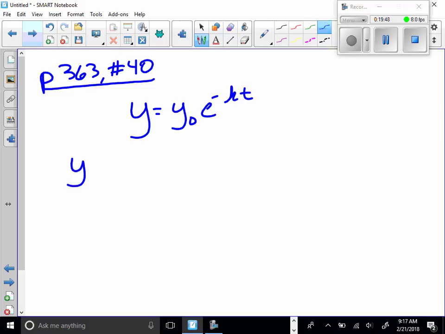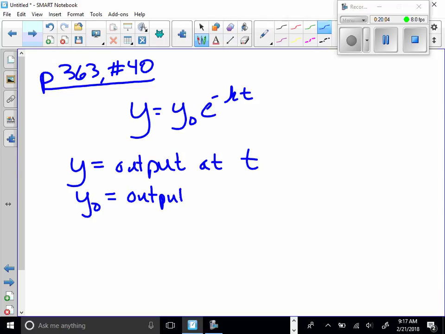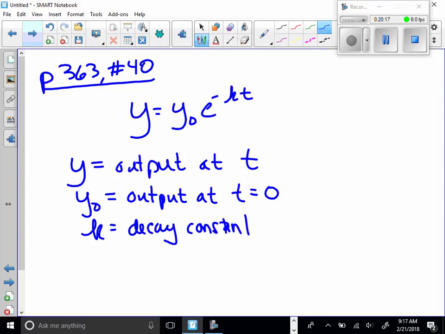So let's just remember that y is going to be the output at some time t. y0 is the output at t equals 0, and in this case, k is going to be the decay constant.